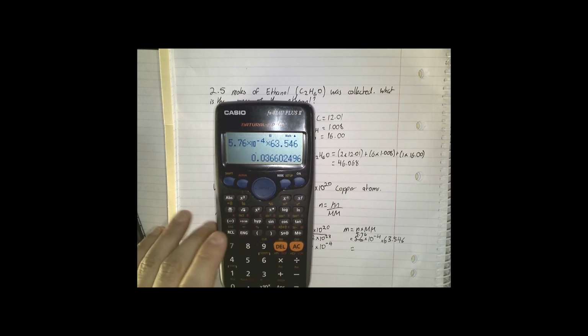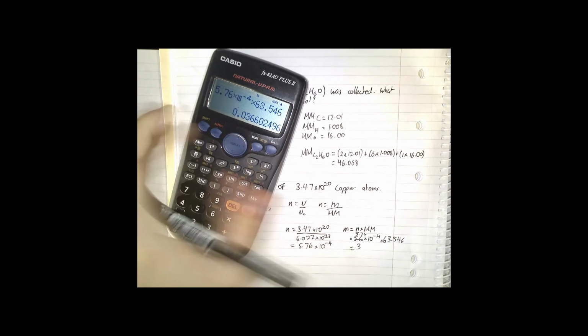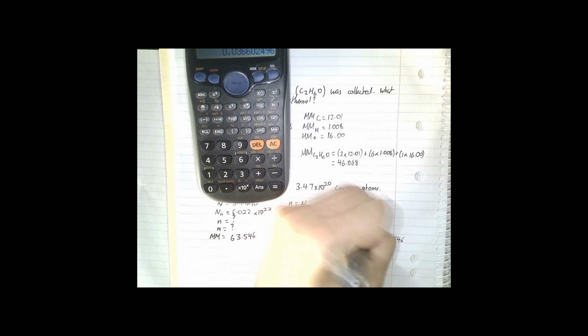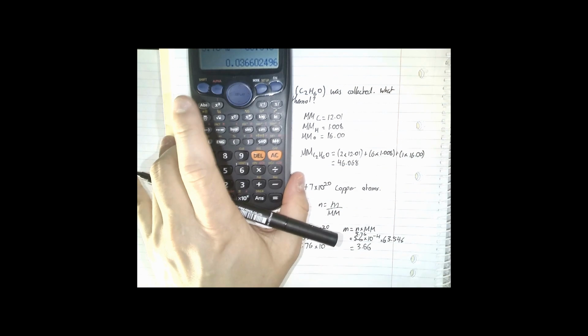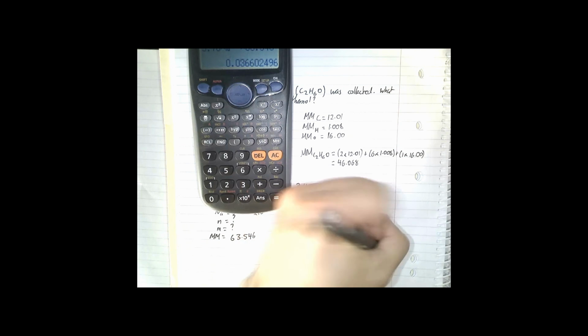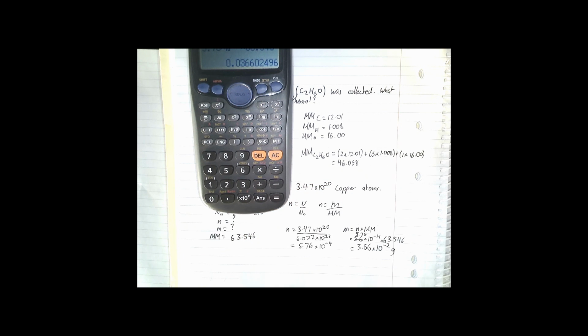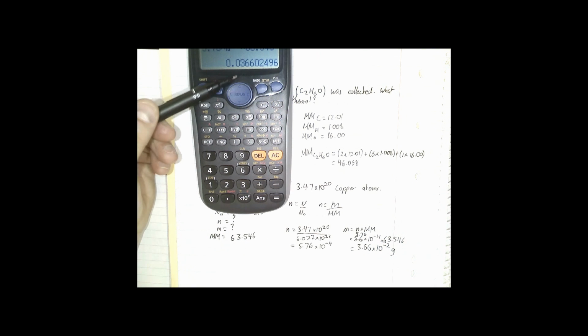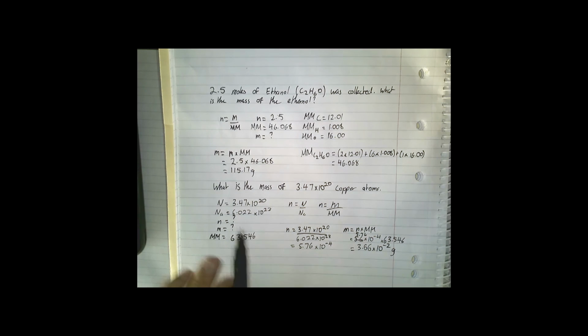And what you'll notice at the end is when I write this answer, it's going to be 3.66 times 10 to the negative 2 in grams. Notice that I have reported this to 3 significant figures, and that matches the piece of data here that's to 3 significant figures as well, with the lowest number of significant figures.